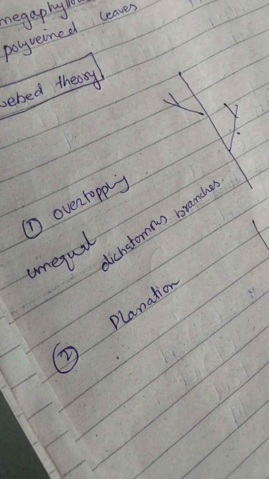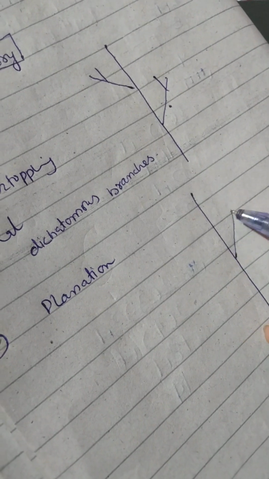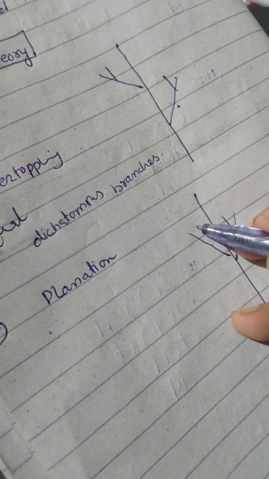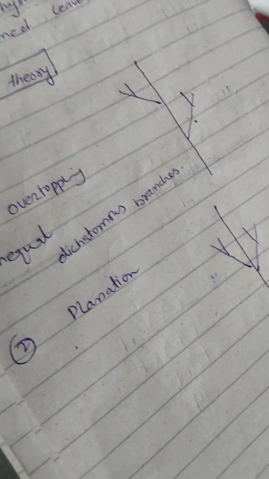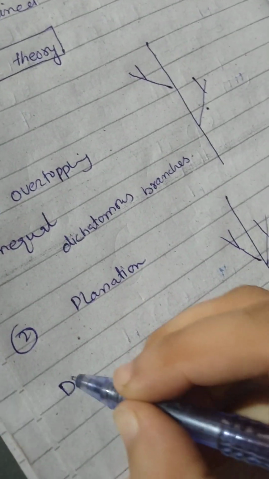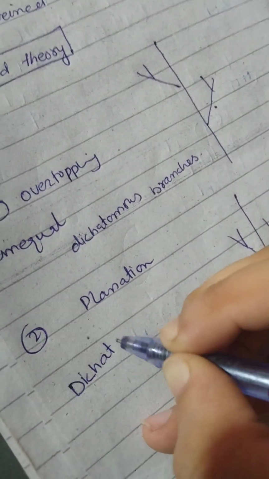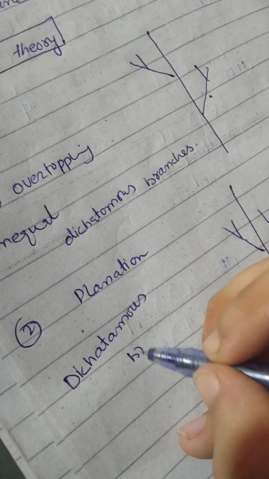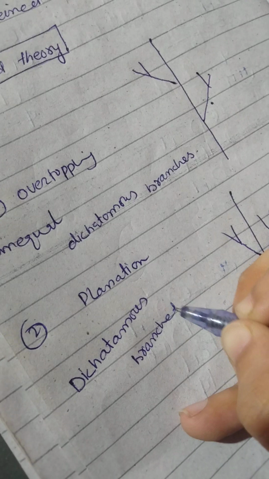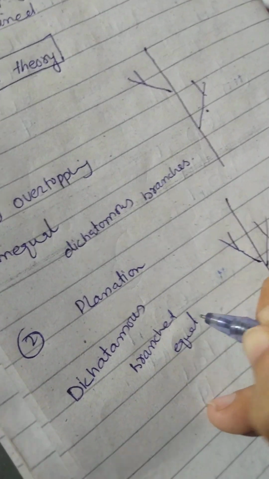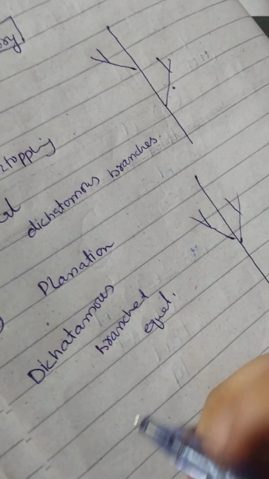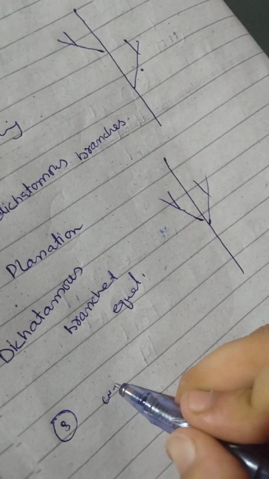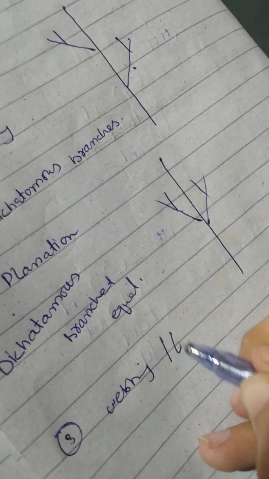Basically, what happens is that the branches become equal, right? The dichotomous branches are equal. Okay, the third step is the webbing or fusion.